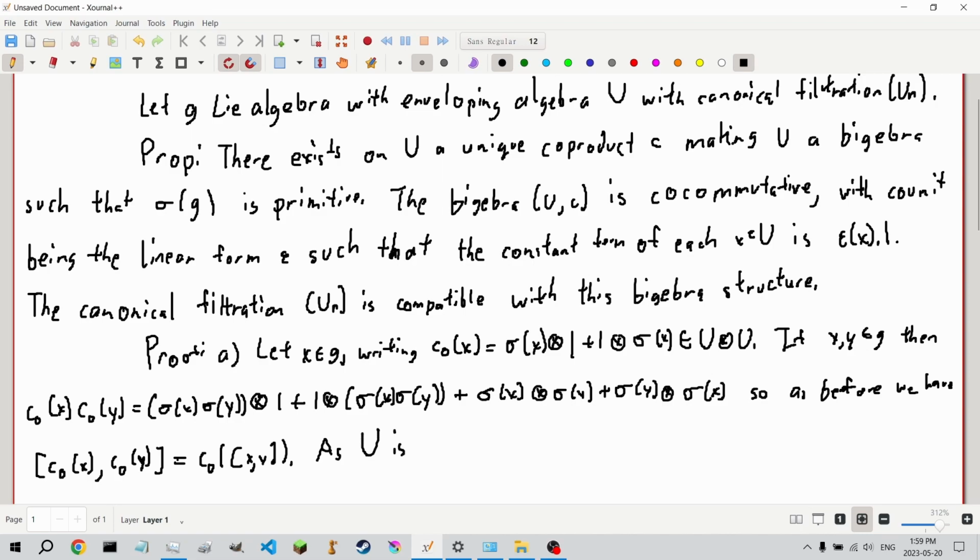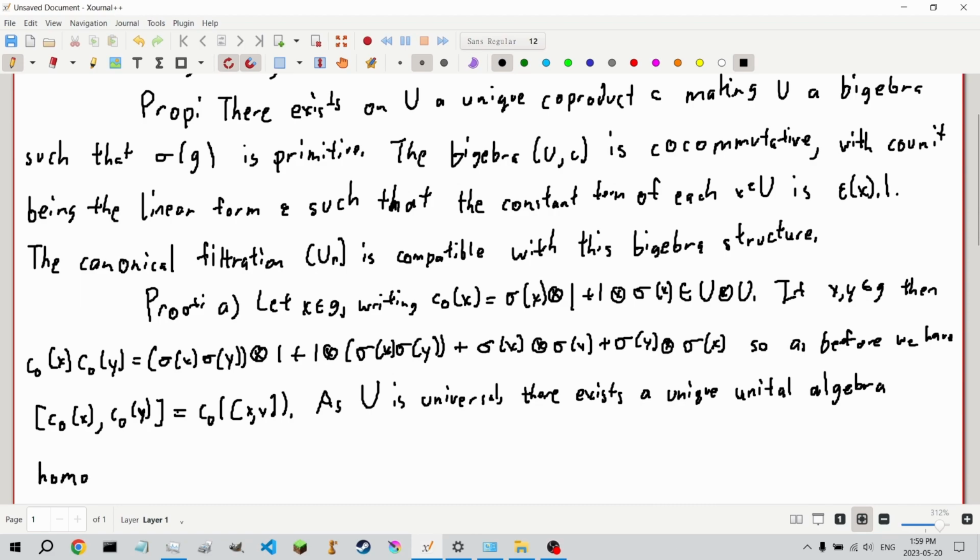As U is, as the name would imply, universal, there exists a unique unital algebra homomorphism C of U into U tensor U such that C of sigma of x is sigma x.